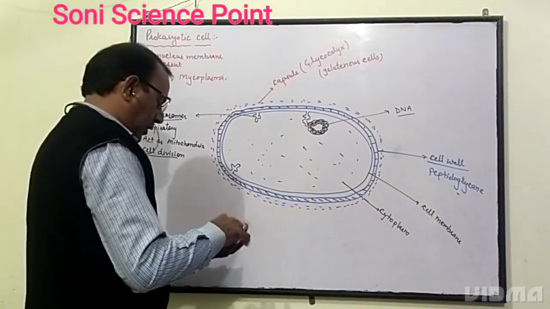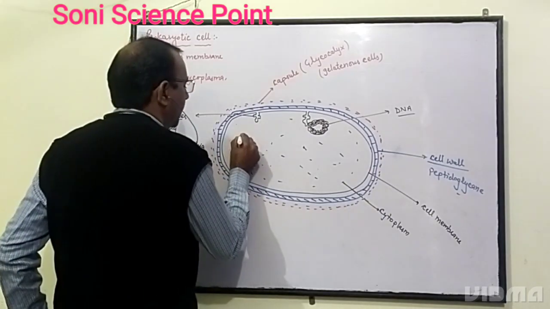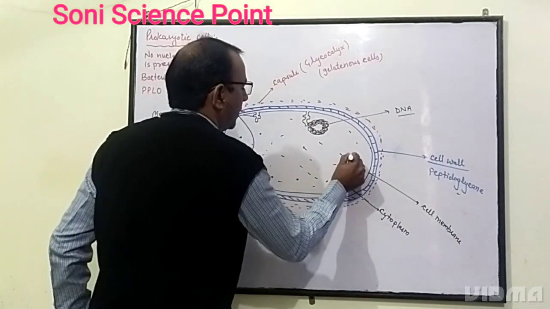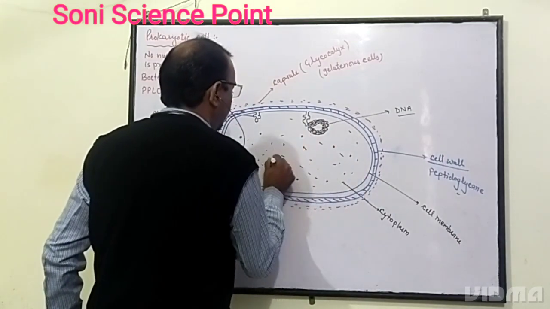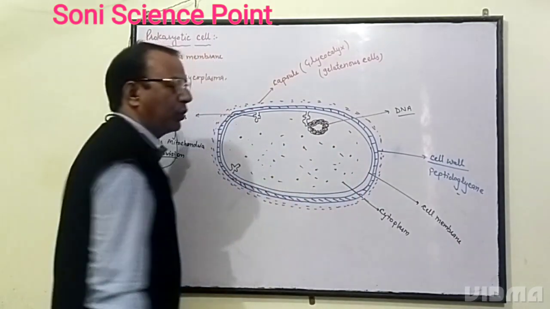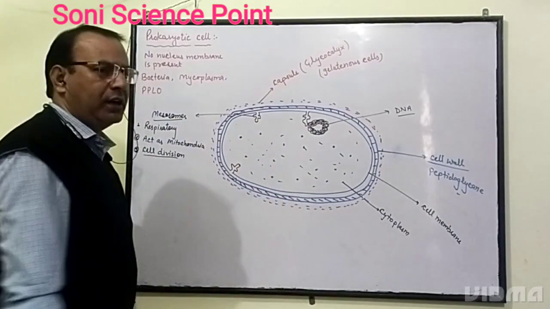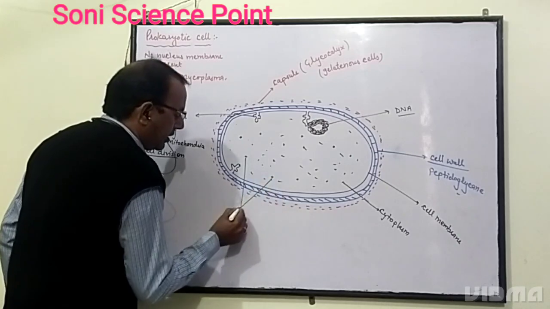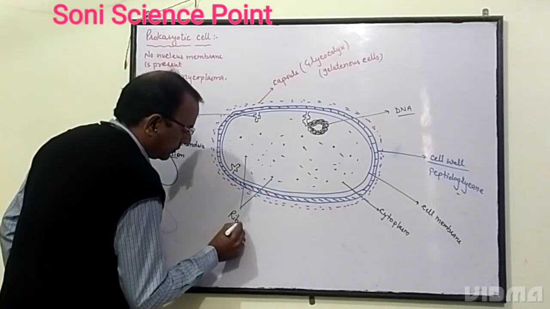Some ribosomes are also present in the cytoplasm. As we have discussed, there is no specific place for each organelle. All the organelles are scattered all over the cytoplasm. These are ribosomes.